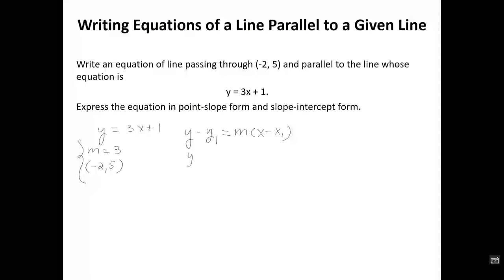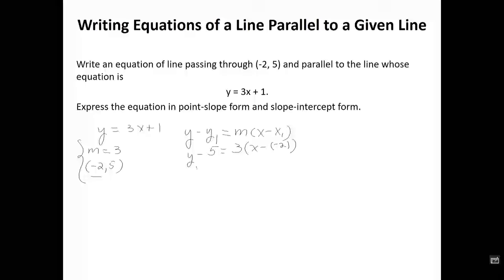So we have y minus, the y coordinate of the given point is 5, is equal to m, the slope is given to be 3, times x minus the x coordinate of the given point. The x coordinate is -2.